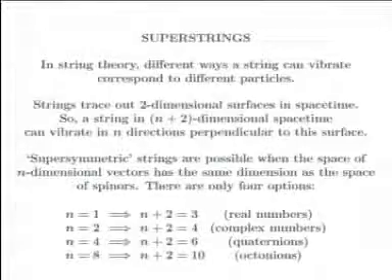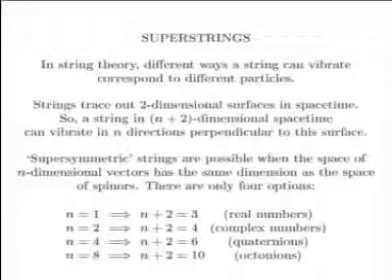Now it turns out that supersymmetric string theories, that is, string theories that combine spinors and vectors on an equal footing, which is part of the thing that really makes string theory work and be attractive, are only possible when the dimension of the space of vectors at right angles to the string, namely n, matches the dimension of the space of spinors.